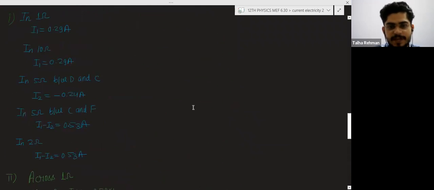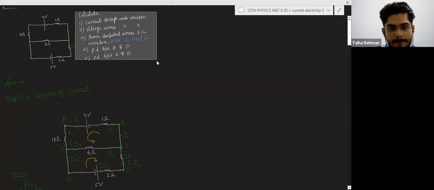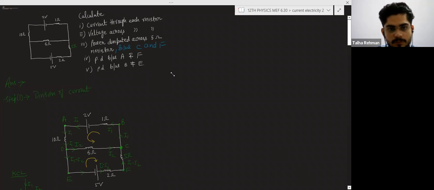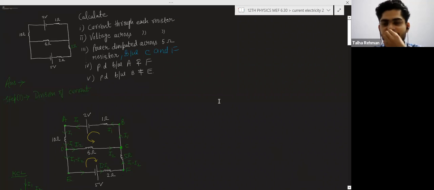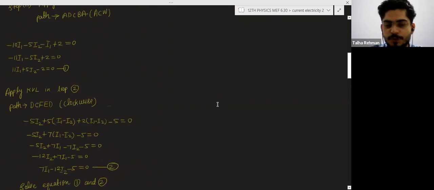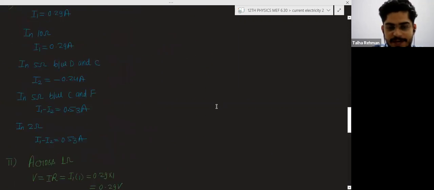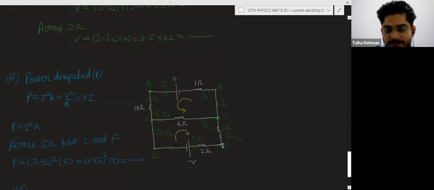They are saying potential difference between A and F. We have to find the potential difference between A and F. So see how we will find the potential difference between the points A and F.